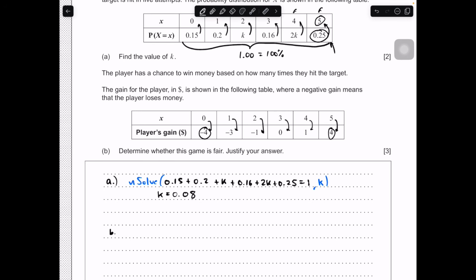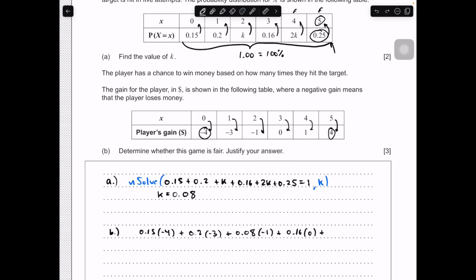For part B, we have a 15% chance of losing $4 and a 20% chance of losing $3. And k we found out was 0.08, so we have an 8%, or 0.08, chance of losing $1. A 16% chance of coming out even.